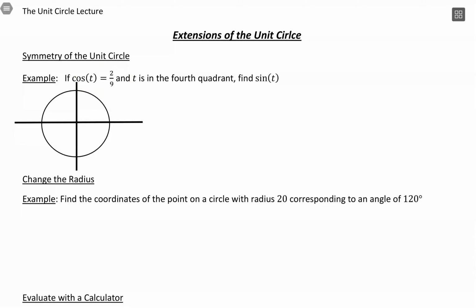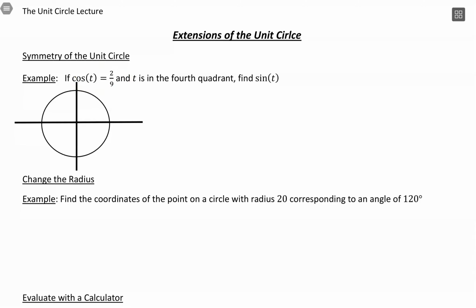What you could do is do 1 minus 4 over 81 in here, and it'll give you the decimal form, but you can convert it to a fraction, so you can see your reduced fraction form there to help out. All right, so we got our y coordinate, but again, this is all about finding sine, so just be sure to take that extra step to say sine of that angle t is equal to the square root of 77 over 9.